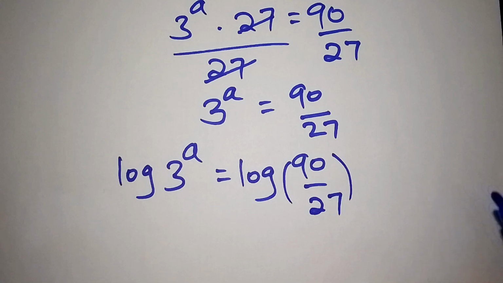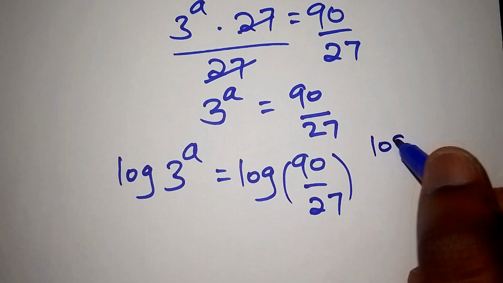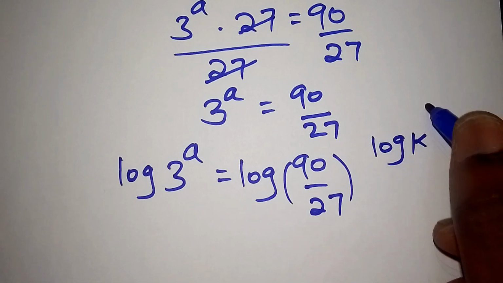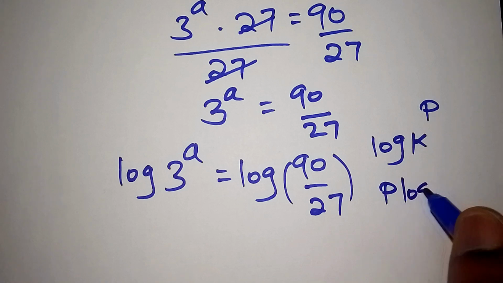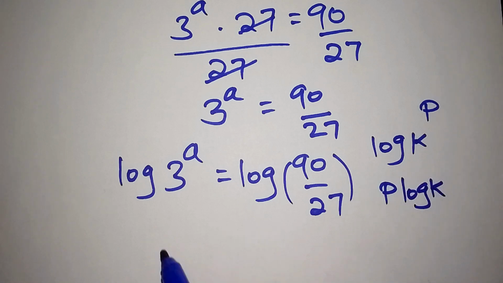From here we shall say that when you have the log of k to the power of p, this can be written as p, the log of k. That is according to the law of logarithm.